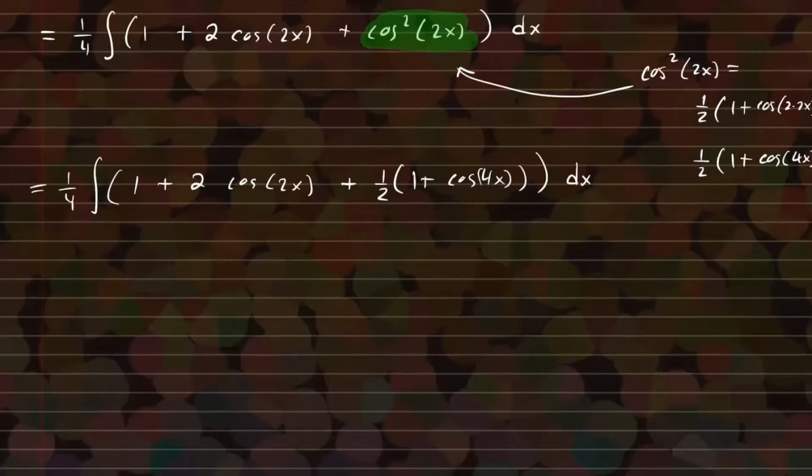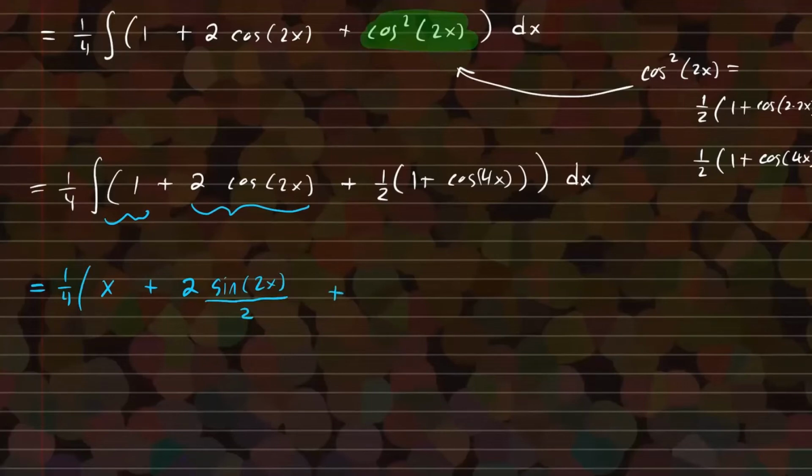I'm going to rewrite. I have a 1/4 on top, outside. If you integrate this one right here with respect to x, you get x. Plus, when you integrate this piece, you get 2 times, since the integral of cosine is sine, sine of 2x, but because of the 2x, we divide by 2.